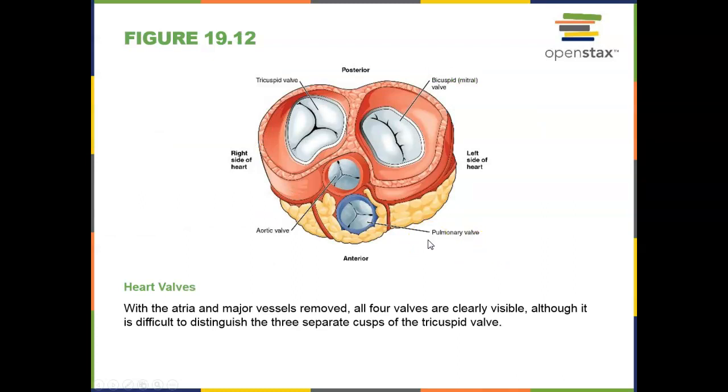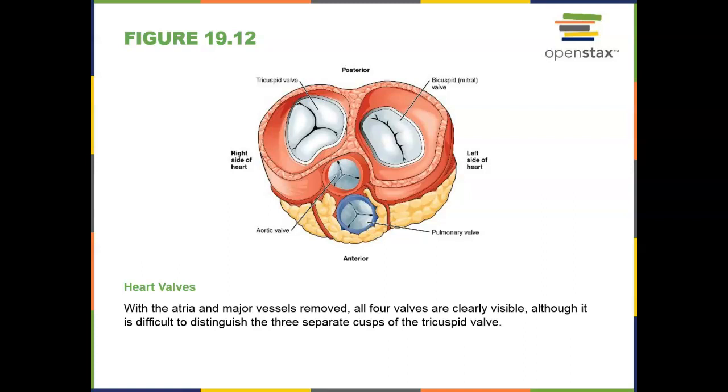We also have four valves associated with our heart. We have two atrioventricular valves, the tricuspid valve and the bicuspid valve. And then we have two semilunar valves, the aortic semilunar valve and the pulmonary semilunar valve.